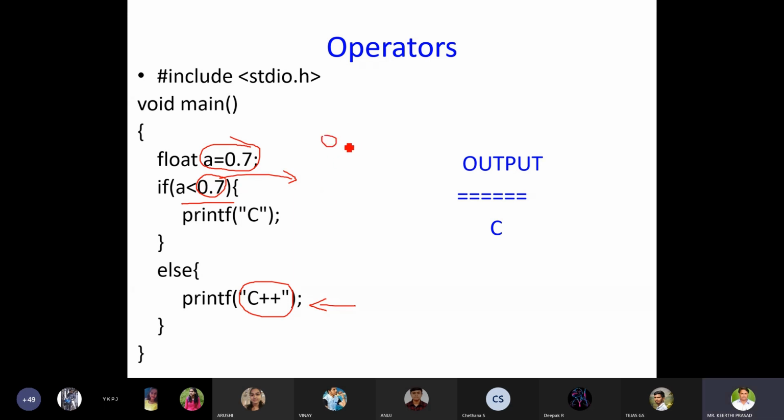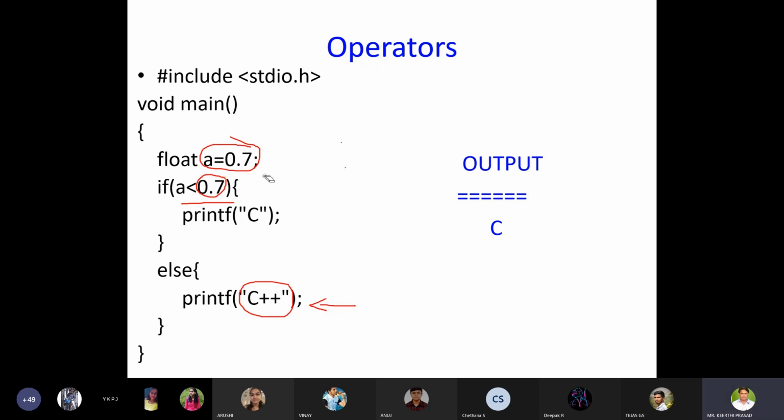If I just write 0.7, the computer will treat this as double, not float. In last class, I told you, if you want to consider it as float, after 0.7 you should write F. Am I clear? As you have simply written 0.7, our compiler will treat 0.7 as double. Am I clear?